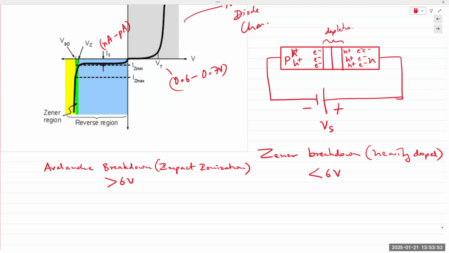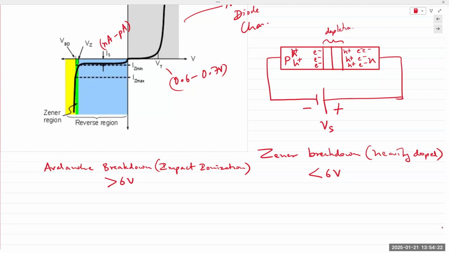So one electron can collide into another one, dislodging it from its spot, creating further charge carriers. Those electrons will collide with other atoms, creating more ionized atoms and more free charge carriers, thus creating a cascading effect. One results in two, results in four, which results in 8, 16, 32, and so on and so forth. And then there is no stopping that process.